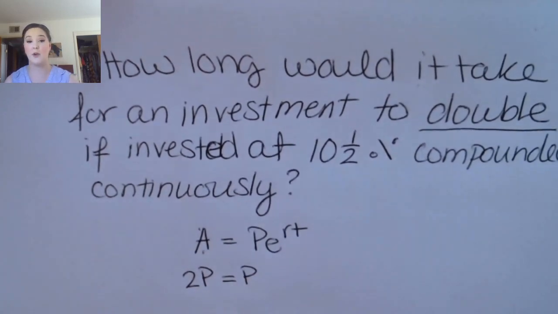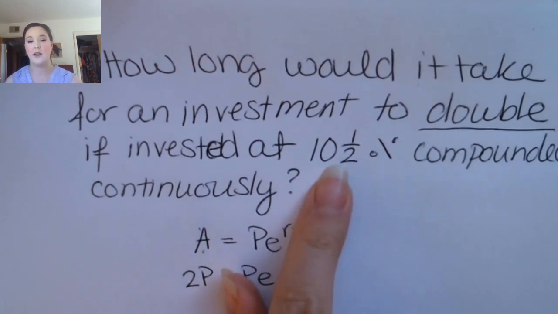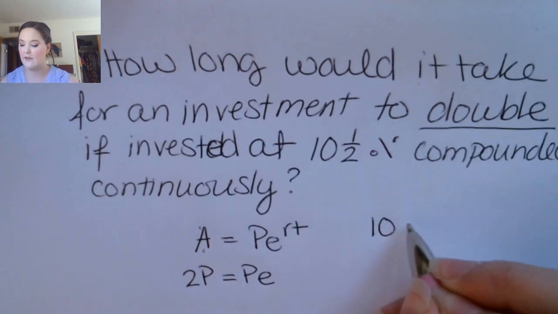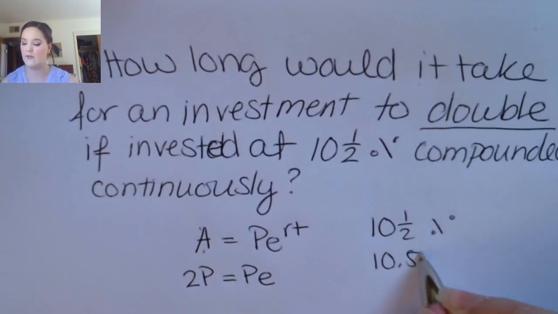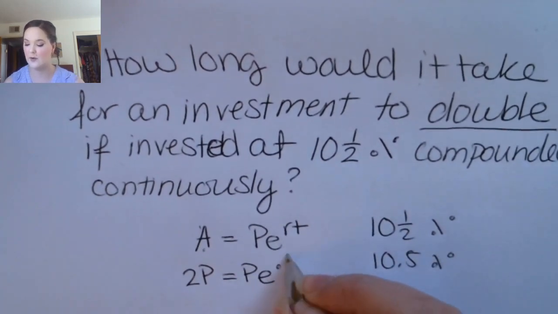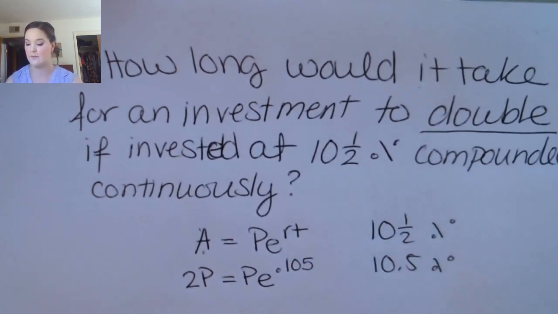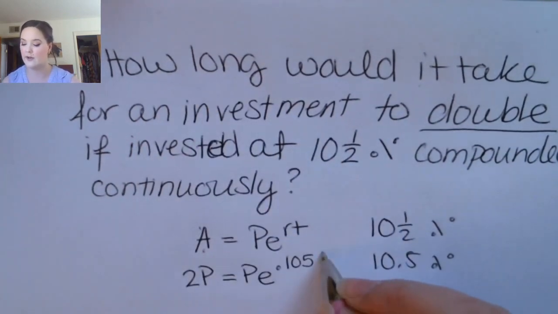Okay, and again, we don't know P, so we can't fill anything in there. Okay, E is a numerical value, so we're not looking for that. 10.5%, okay, is the same as 10.5%, okay, which we can write as 0.105. Okay, and then because it says how long, we're actually looking for our variable t.